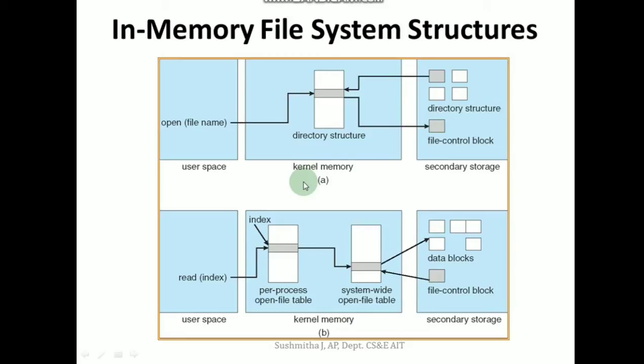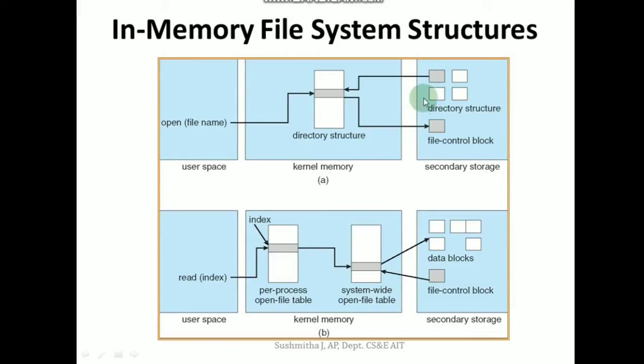Now then the logical file system is then going to read the appropriate directory into the memory, and it is going to update the directory with the file name and the file control block.